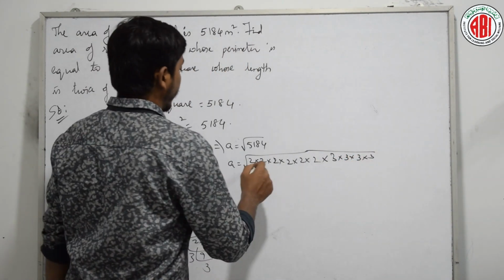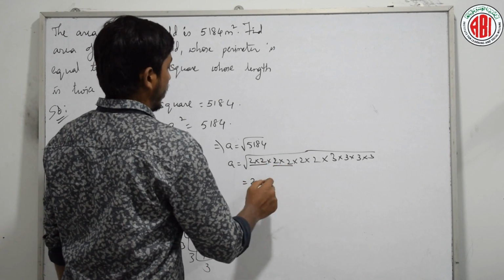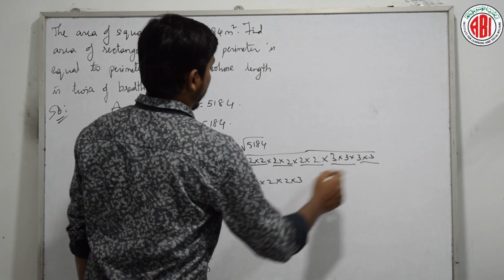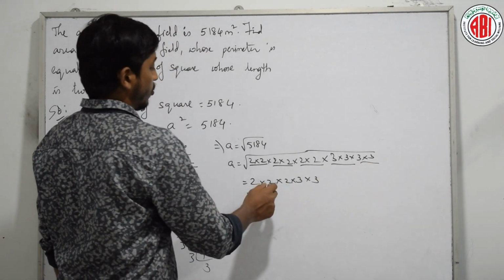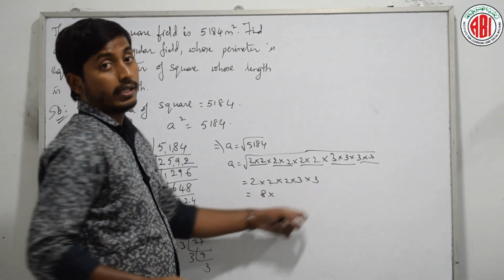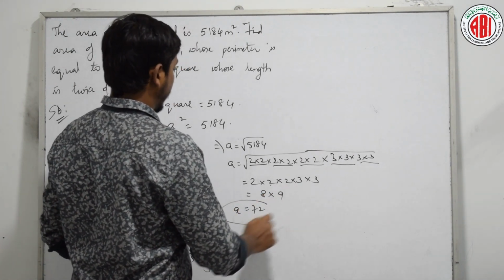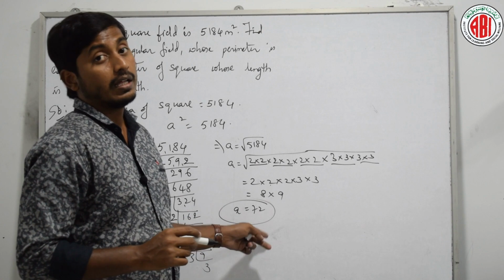For the first 2's I will write one 2, the next 2's, and the next 2's, next 3's, and after that the next 3's. That is 2 2s are 4, 4 2s are 8, into 3 3s are 9. Therefore, my side is 72. This is the side of a square.